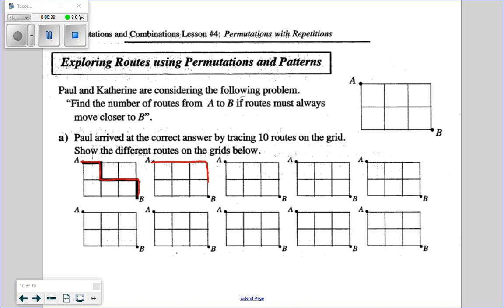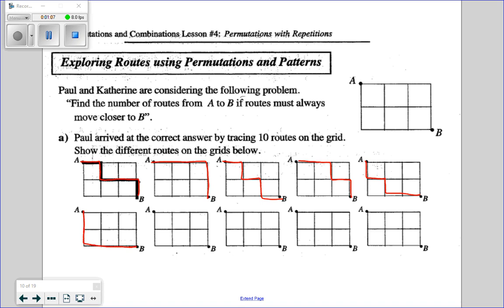So this is another way, right? Just go east and go south. You could go like steps, like that. You could go like that. You could go like that.